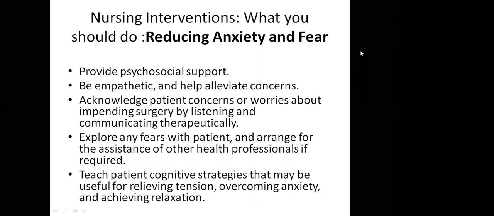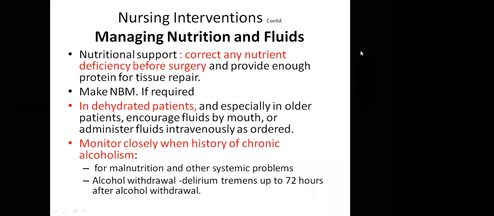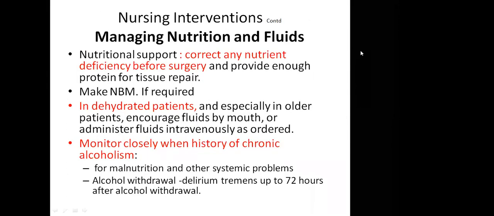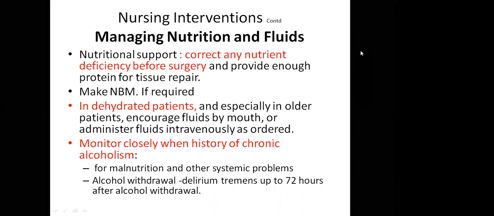That should be explained in advance, relieving his tension, allaying his anxiety, and making him relax. Nutrition is an important factor, because if there is any important nutrition deficiency before surgery, that will interfere with tissue repair at a later date.